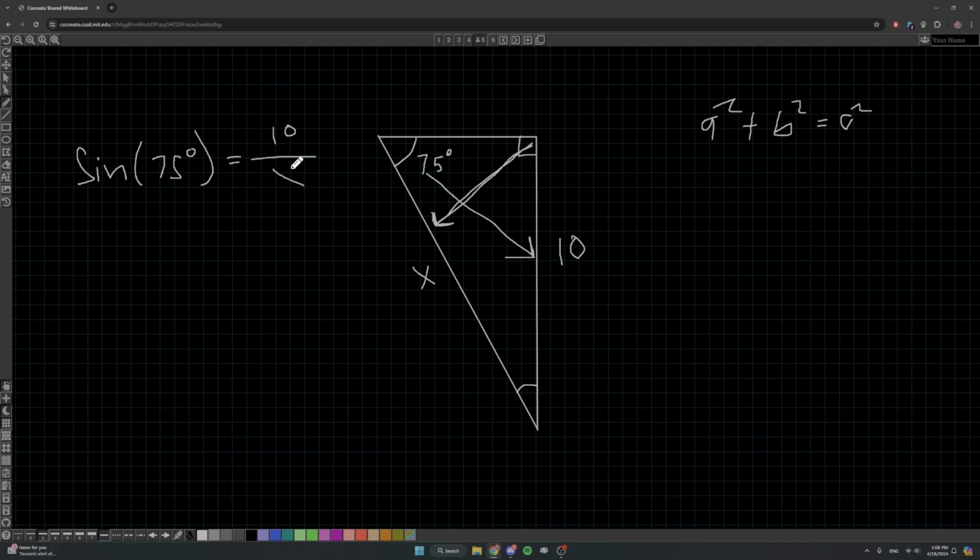So this is x. Now, if you need to take your time to do your algebra, you know that you multiply both sides by x. This gives you x times sine of 75 degrees equals 10. And then you just divide by sine of 75, which gives you x equals 10 over sine of 75.